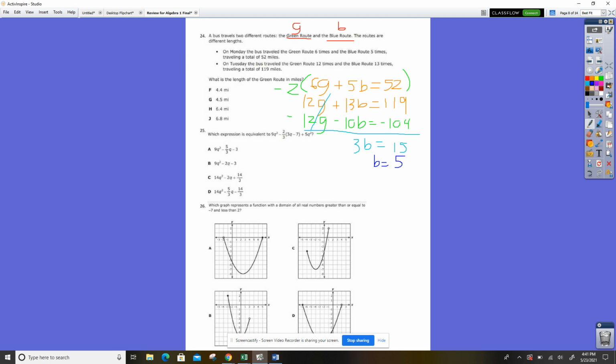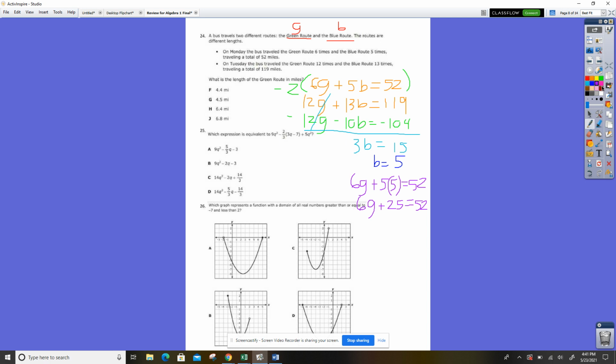But we don't want the blue route. We want the length of the green route. So I have to plug it into one of these original equations to solve for g. I'm just going to use the top one because it has smaller numbers. So 6g plus 5 times b, which is 5, equals 52. Well, 5 times 5, that's 25. So 6g plus 25 is equal to 52.